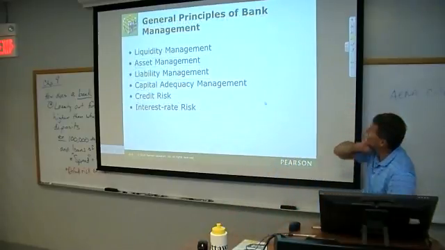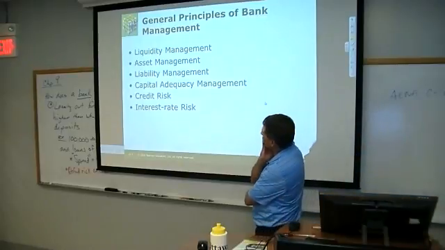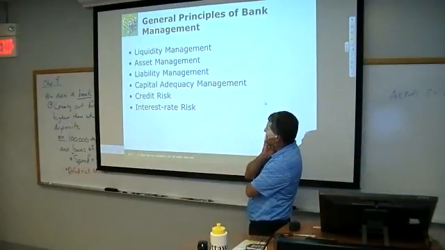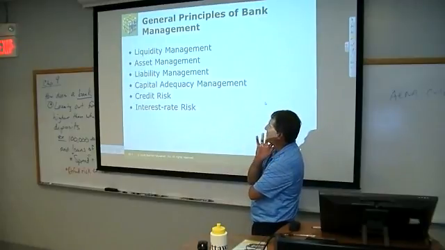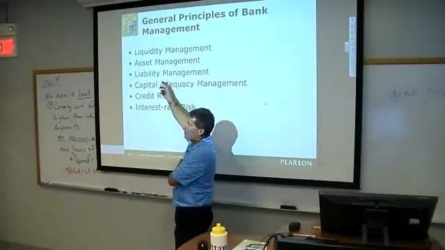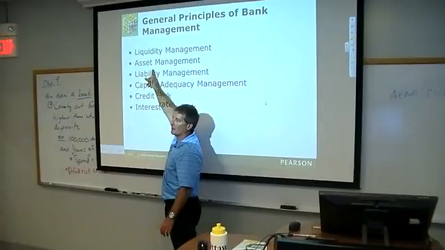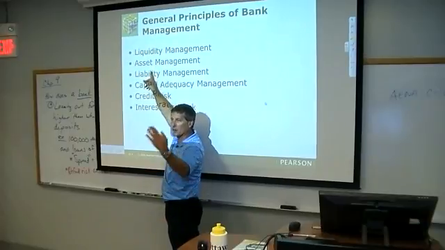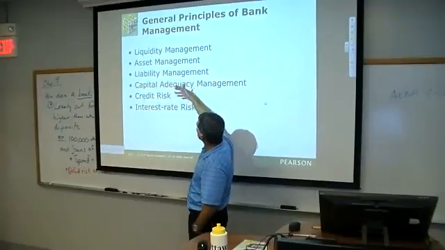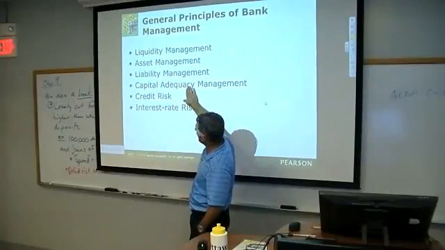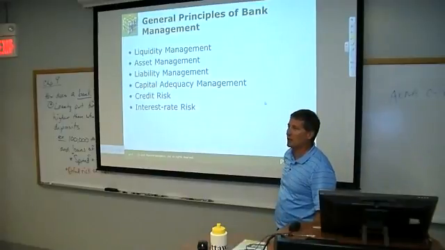So here are the things we're going to look at as we manage the bank. Liquidity, our assets, our liabilities, things that we've actually touched on already. Liability management meaning deposit management, right? That was our main liability. Asset management, our loan portfolio, we've got to think about the loan side. Liquidity, the terms of each one. Capital adequacy, how much the bank has in. Credit risk and interest rate risk.